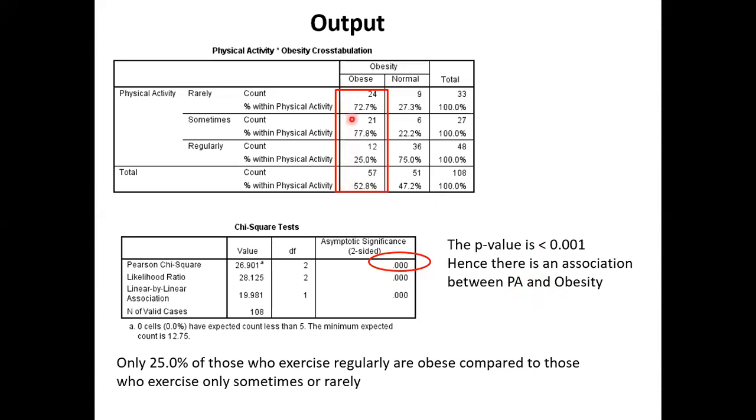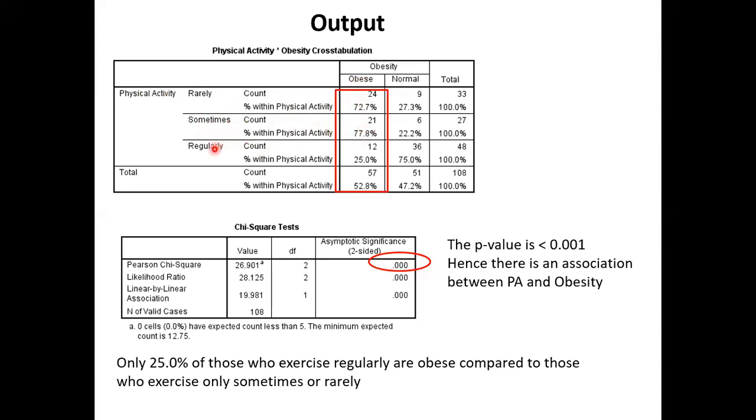Among those who rarely exercise, 24 over 33, that is 72.7% obese. Next, sometimes, how many percent obese? 77%.